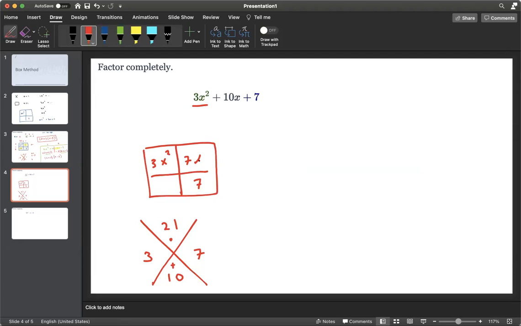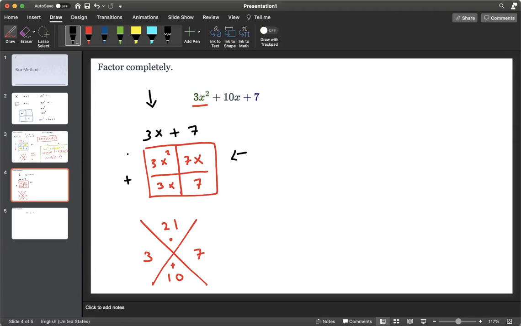So we have 7x, 3x. They are both positive. So we have 2 positive signs. I look at my first column. My GCF is 3x. I look at my second column. My GCF is 7. I look at my first row.